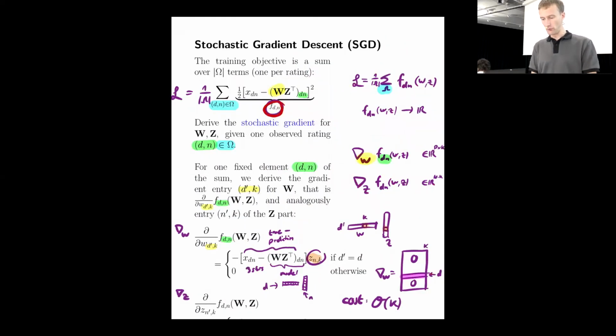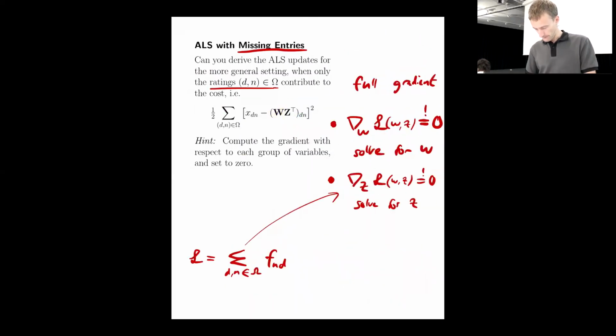You can see the whole L is the sum of all of them. And we have already computed the gradient of each element, so the gradient is known.